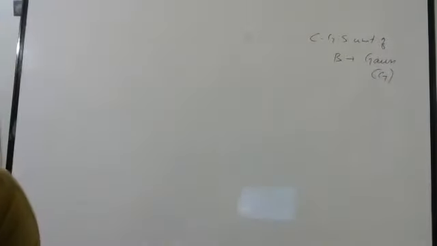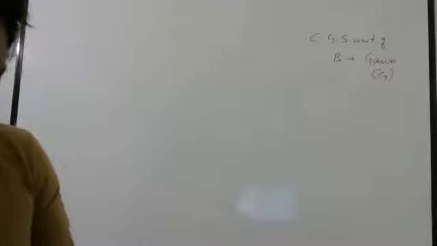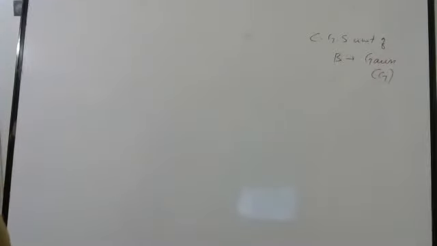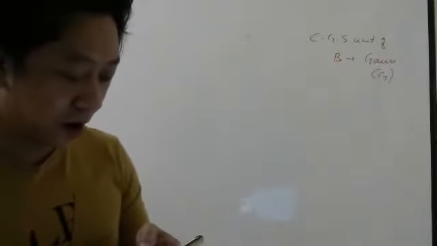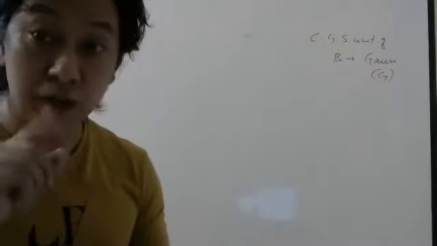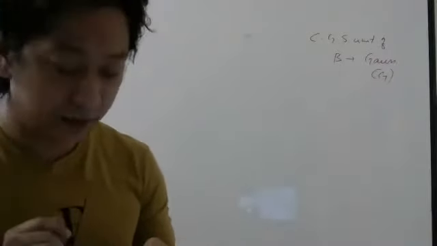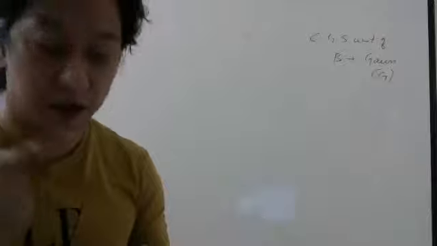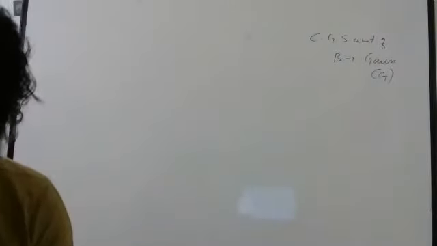Let us see the next question. What is the magnitude of magnetic force per unit length, remember, of a wire? So this time we have to find force on wire carrying a current of 8 ampere.